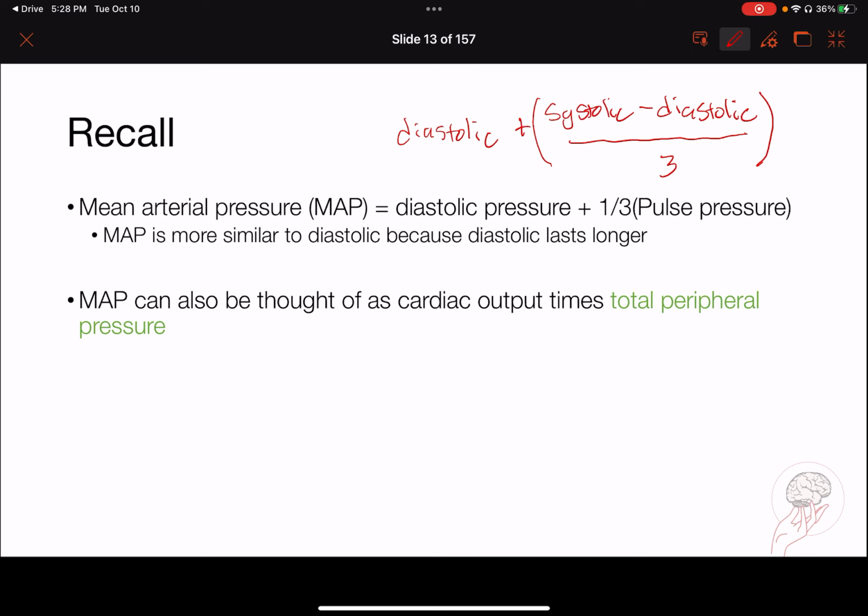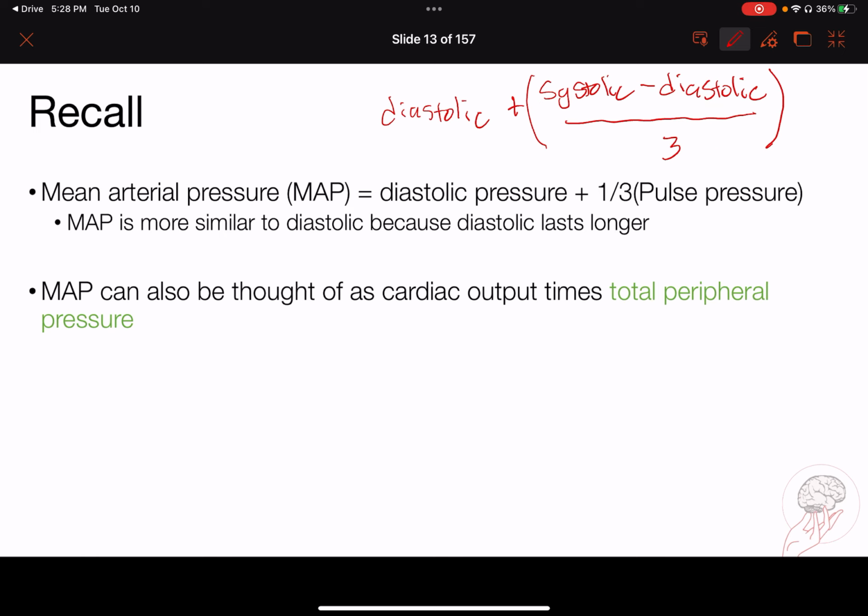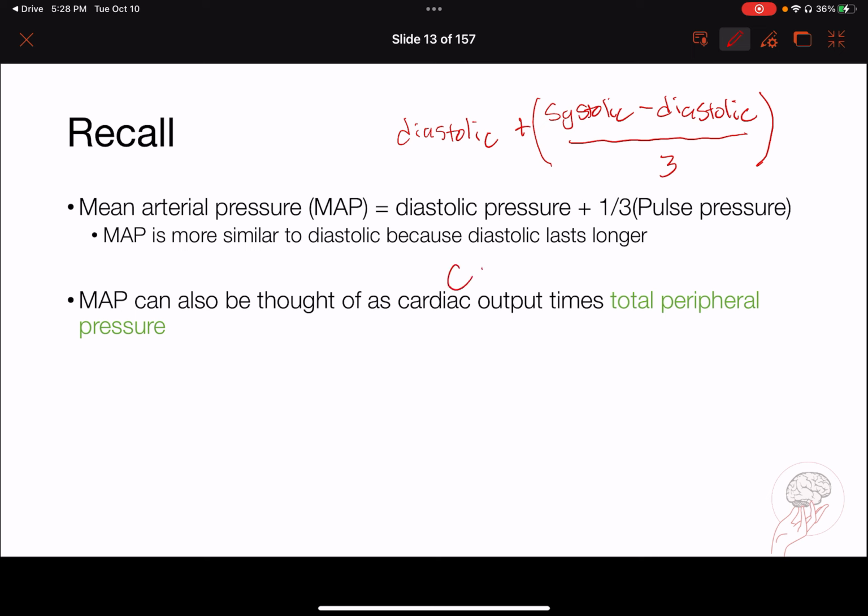And the mean arterial pressure can also be thought of as the cardiac output times the total peripheral resistance. So often you'll see cardiac output as CO. And then total peripheral resistance is basically the rest of the body has some pressure. And so the blood has to overcome the total peripheral resistance by the cardiac output.